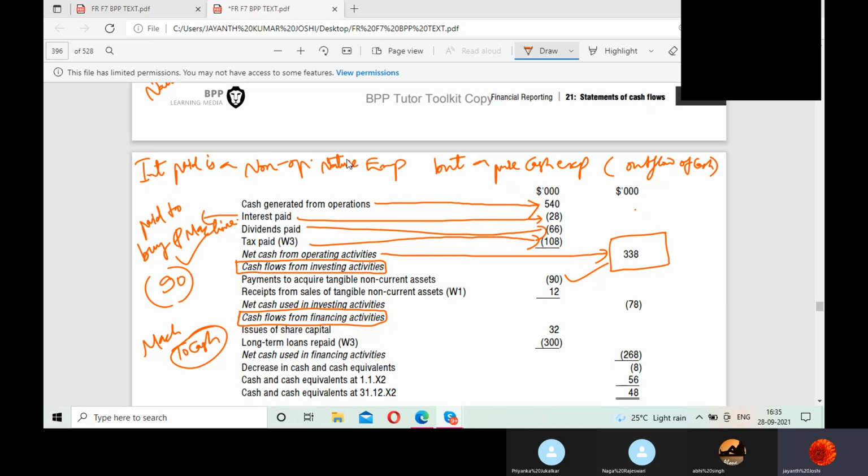That means we are having a higher balance in our asset account or a lower balance in our asset account. Okay. So higher balance is nothing but we have purchased, lower balance is nothing but we have sold. Let us see.